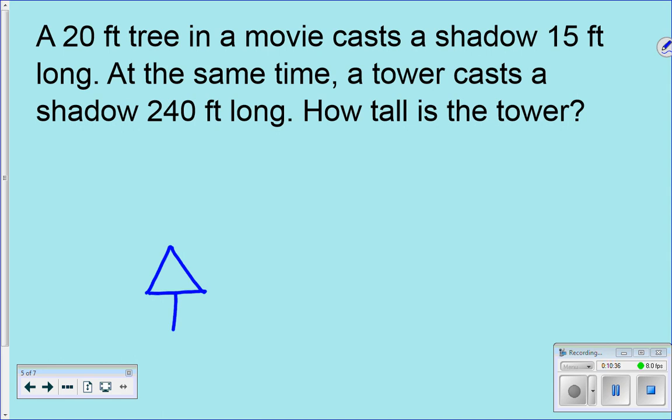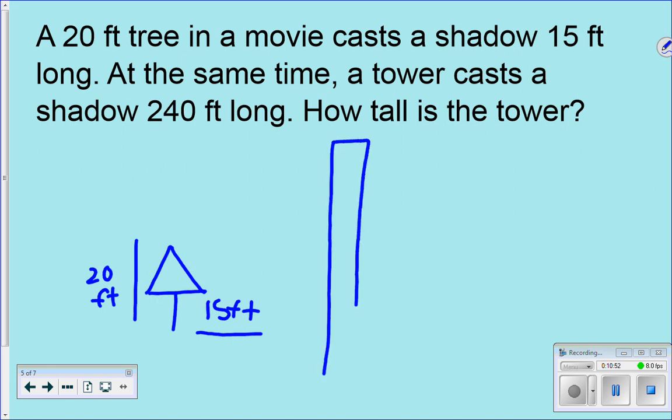Seriously, it doesn't have to be crazy good. Tree, 20 feet. And then your tower is really big because this casts 240 feet. And then this is your x. See? It doesn't have to be hard. You just sketch.